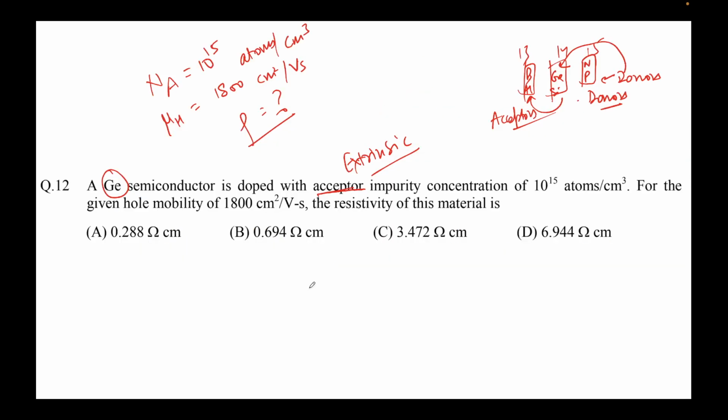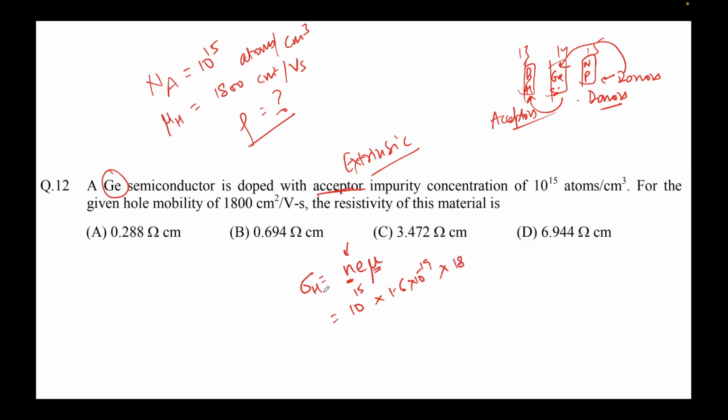We know n is the concentration. What is the concentration here? Na, which is given, so I'll simply put 10 to the 15. E we know is the electronic charge, 1.6 times 10 to the minus 19. Mobility is again given, 1800.